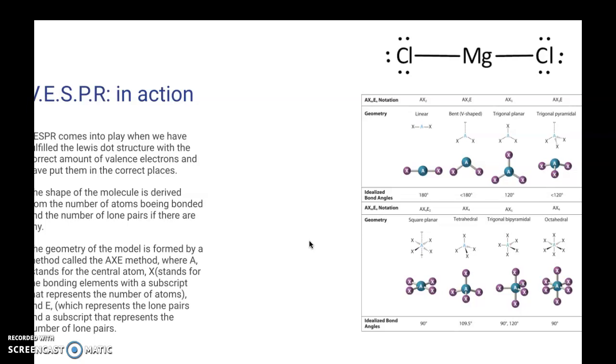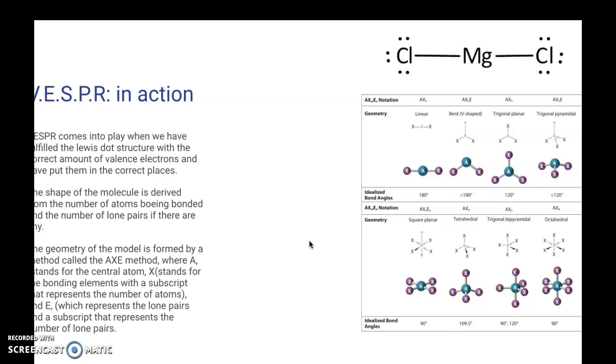Now, what's going on here in the geometry of the molecule is that, hypothetically speaking, if magnesium has a lone pair, both of our terminal atoms here, both of our chlorines, would be repelled, because there's a lone pair of electrons here, and both our chlorines have electrons on either side, so it would be repelled. So it wouldn't be a line here.